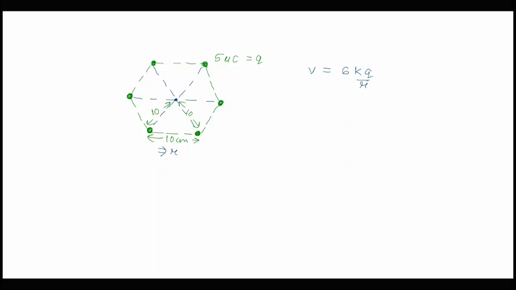So if we put the value, we obtain potential at the center as 6 times of k, that is 9 into 10 to the power 9, into q, 5 into 10 to the power minus 6, upon r, which is 10 centimeter. We are writing it as 10 by 100, and hence we end up getting 2.7 into 10 to the power 6 volt.